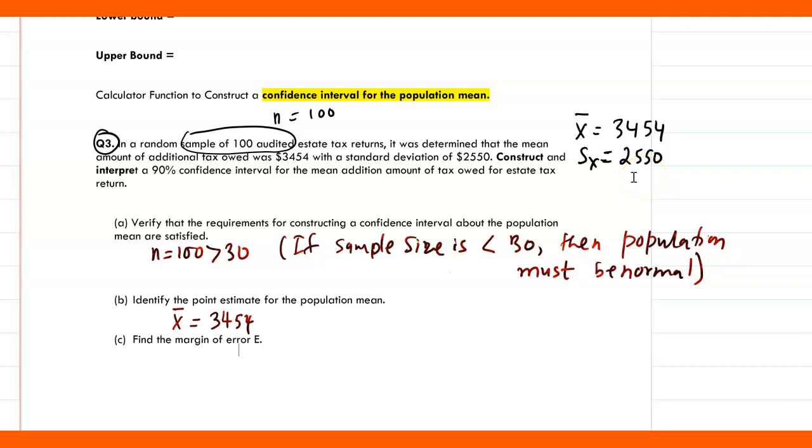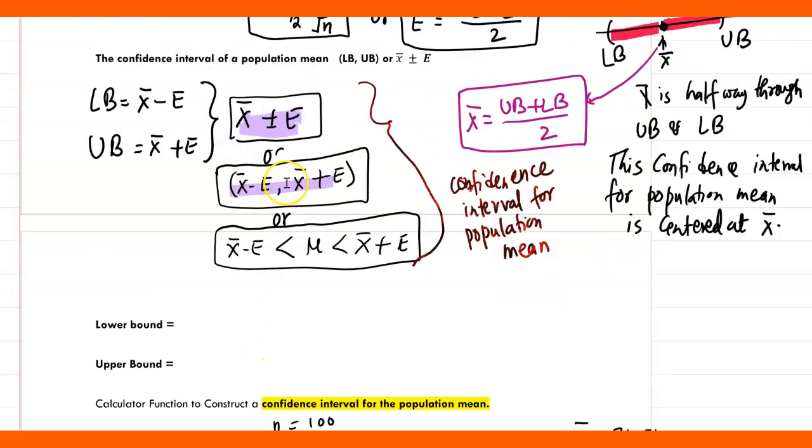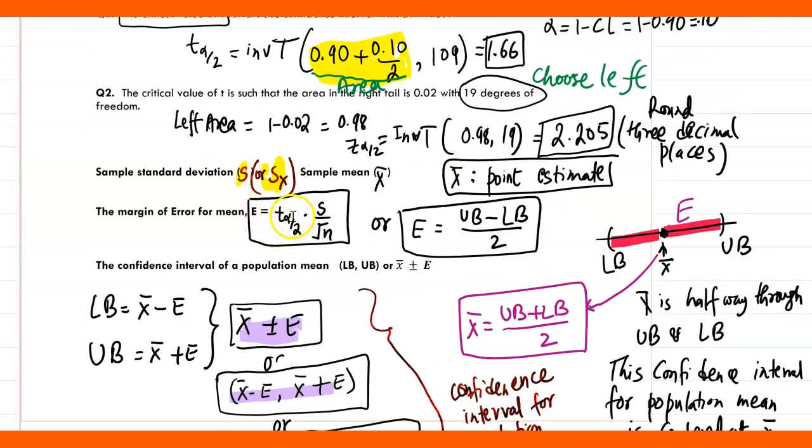To find the margin of error, you have to use the formula where E has the t alpha over 2 critical value, the standard deviation for the sample, and the sample size.